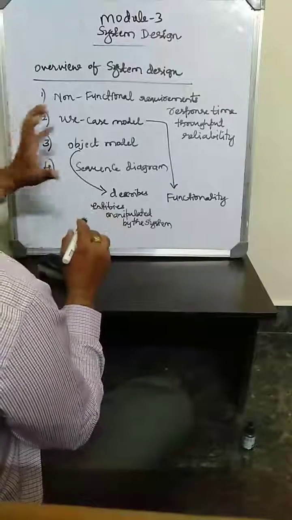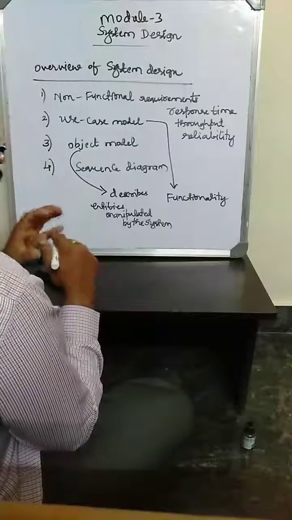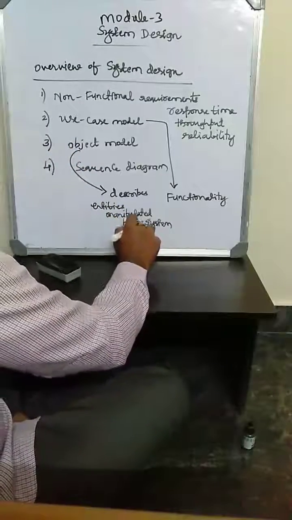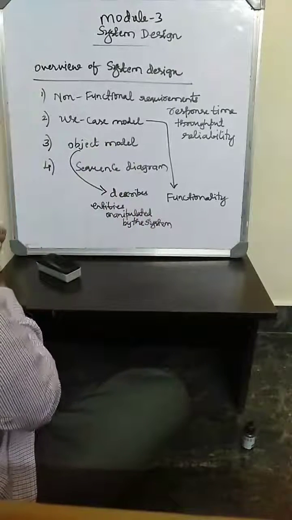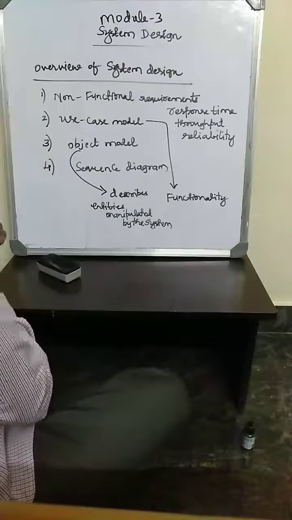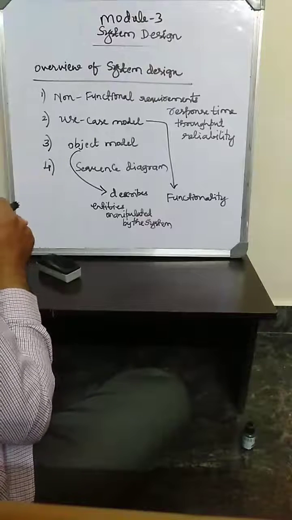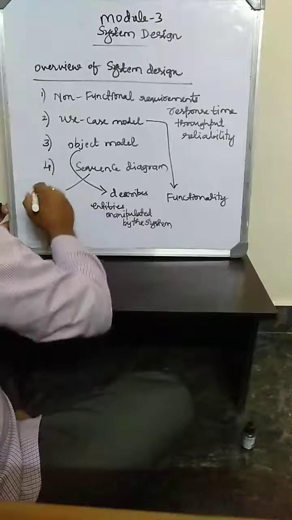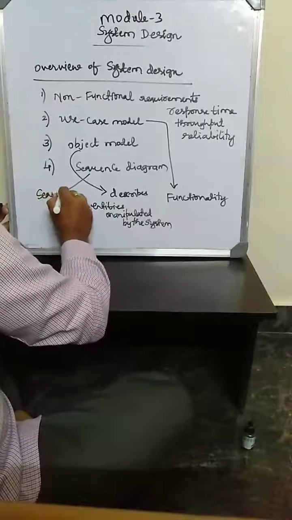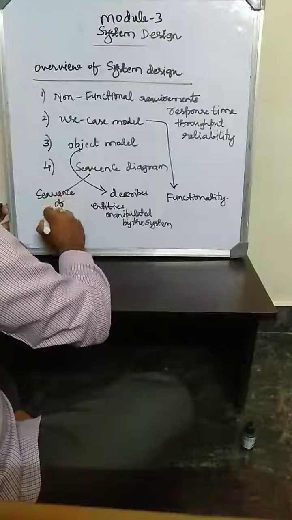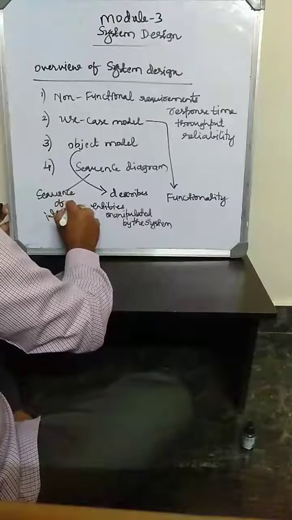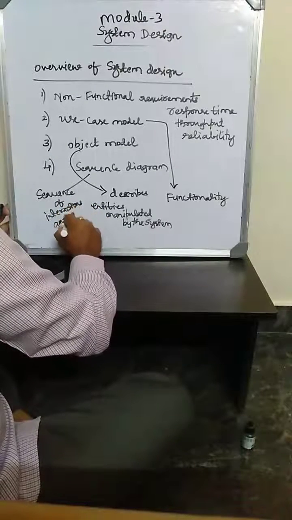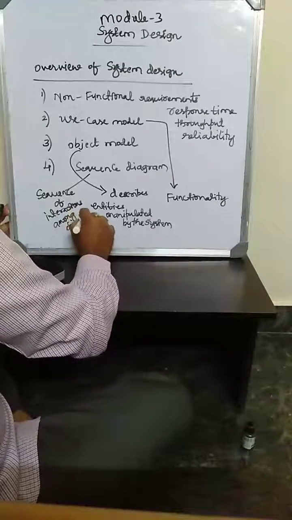That is why we say it as object model: it describes entities that are being manipulated by the system. Next, the fourth one is the sequence diagram. It is necessary for giving the sequence of interactions among objects. So that is why it is necessary.